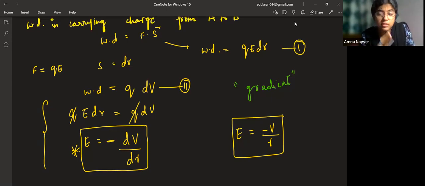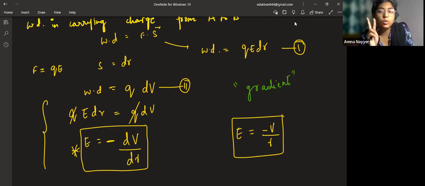This derivation is asked also in your exam. In your long questions also this is given. But if it is given in your long questions, it will be given along with a mention of the significance of this negative sign, or two important conclusions that you can derive from this.